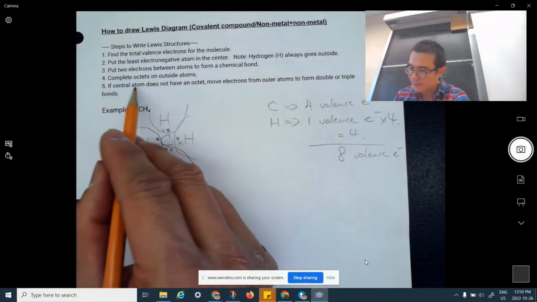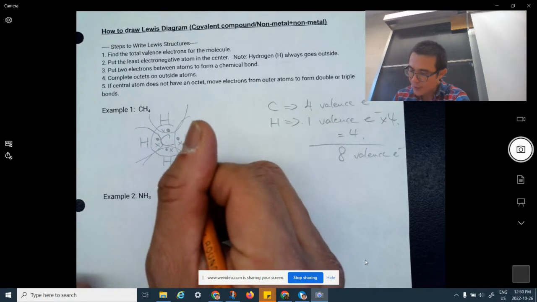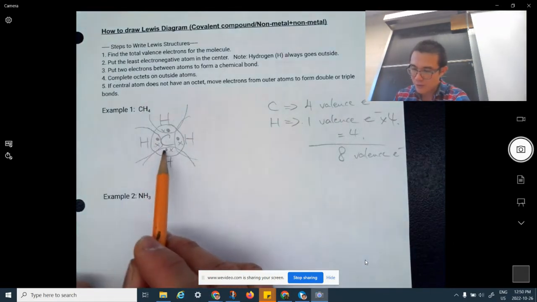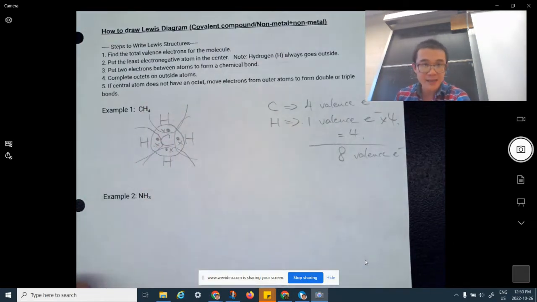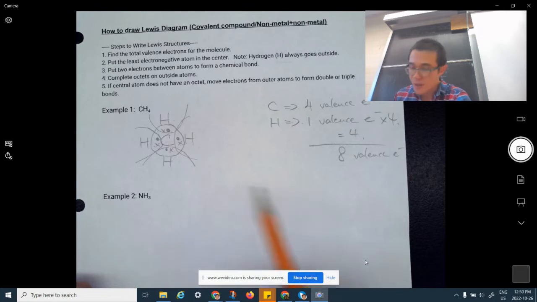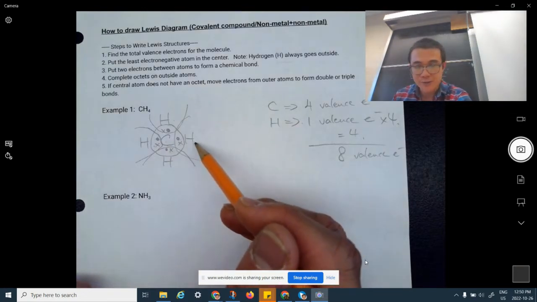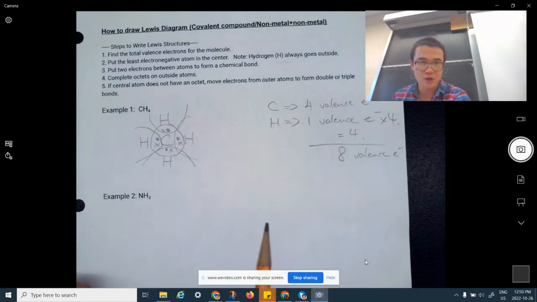Carbon, the central atom, in this case also has 8 electrons: 1, 2, 3, 4, 5, 6, 7, 8. Do keep in mind when we're talking about covalent bonds, non-metals with non-metals, the electrons are shared. That's why these 2 look like they belong to this hydrogen and also this carbon.